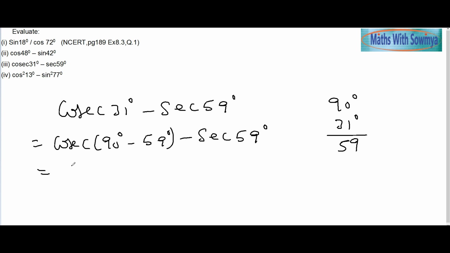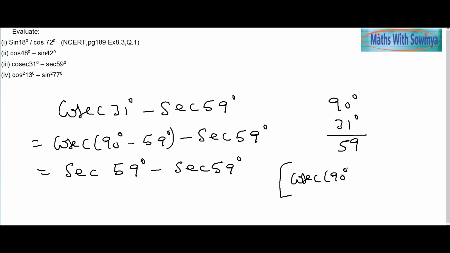Complement of cosecant is secant. So secant 59 degrees minus secant 59 degrees. You can recall the formula: cosecant of 90 degrees minus theta gives us secant theta. Here 59 degrees is theta. So this gets cancelled, giving 0.